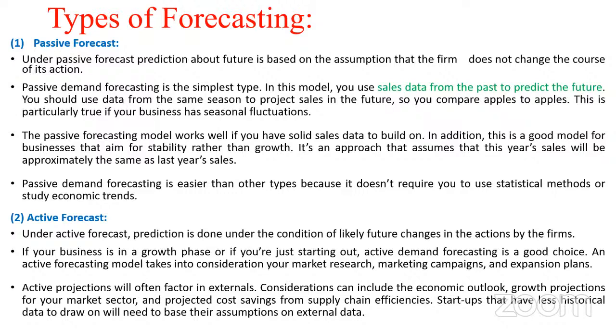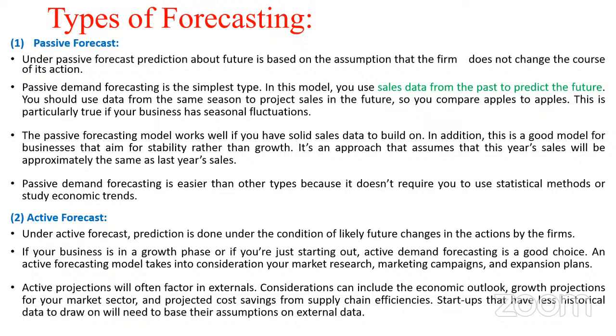Active forecast. Under the active forecast, the prediction is done under the conditions of likely future change in the actions by the firm, because it is not static as in the passive one. It is a dynamic one, because the demand fluctuates and the taste preferences fluctuate, right? If your business is in a growth phase, or if you are just starting out, active demand forecasting is a good choice.